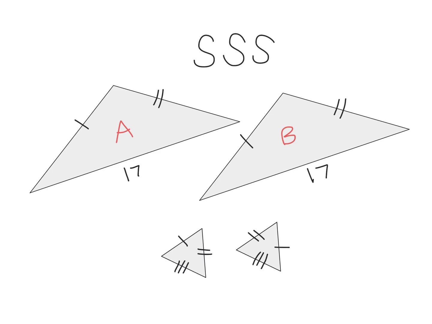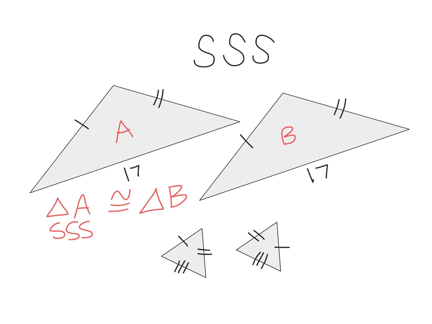Therefore, they have three congruent sides. Okay, so therefore, triangle A is congruent to triangle B because of the side, side, side congruency postulate.